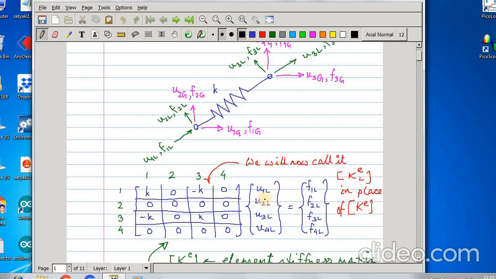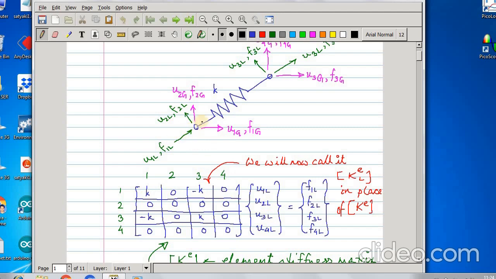Now see, in the spring there will be a resistive force, tensile or compressive, if the displacements are along the axis of the spring. If there is a displacement perpendicular to the axis of the spring, that means due to U2L or U4L, there cannot be any F1, because F1 depends only on U1L and U3L.